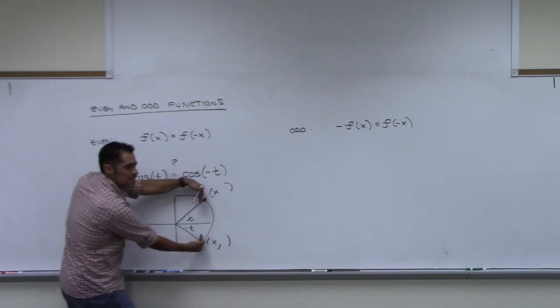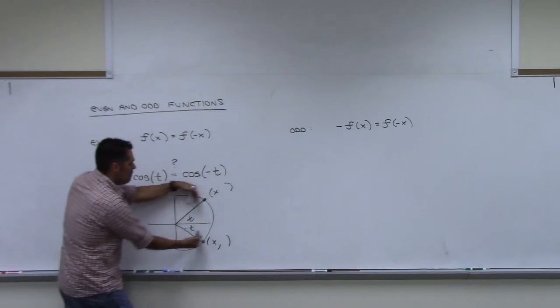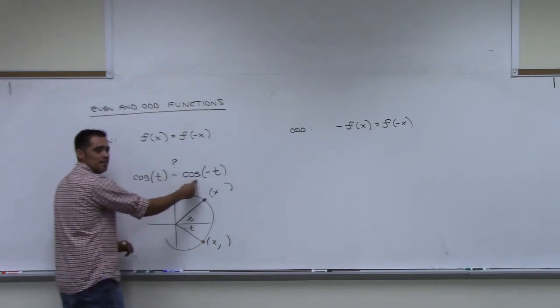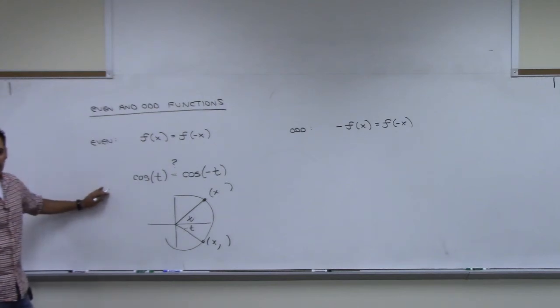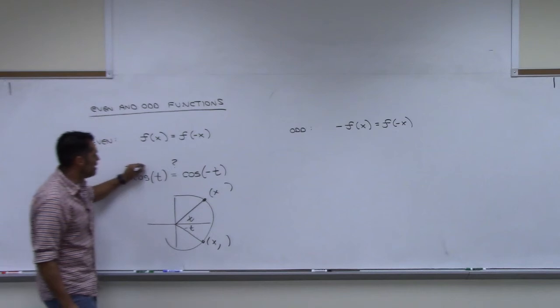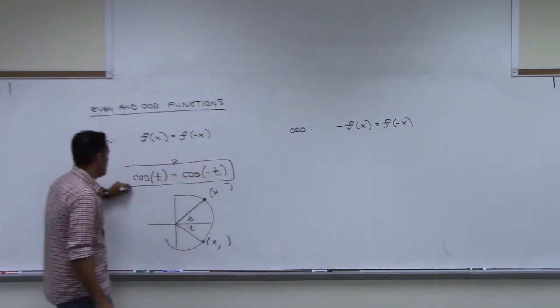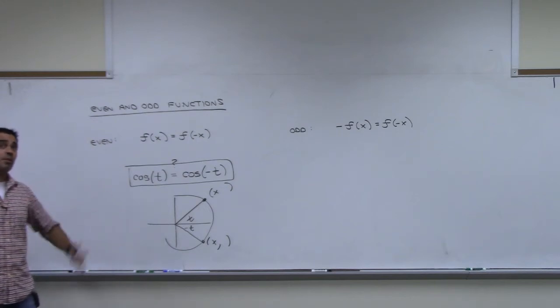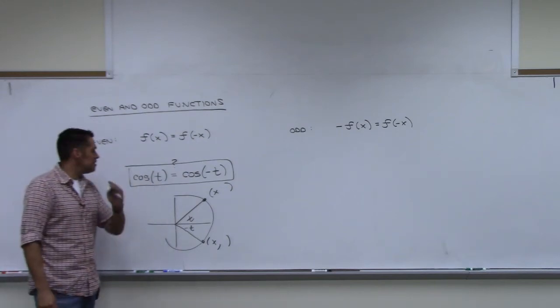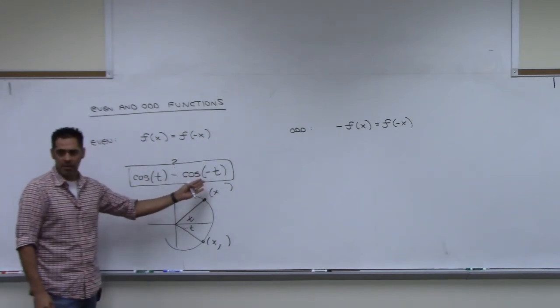Because they're the same distance out. That means that this is this. That means that cosine is an even function. So cosine is even. Cosine of t is the same as cosine of negative t. So if someone says, what's cosine of 30 degrees? It's the same answer you get if you use negative 30 degrees.